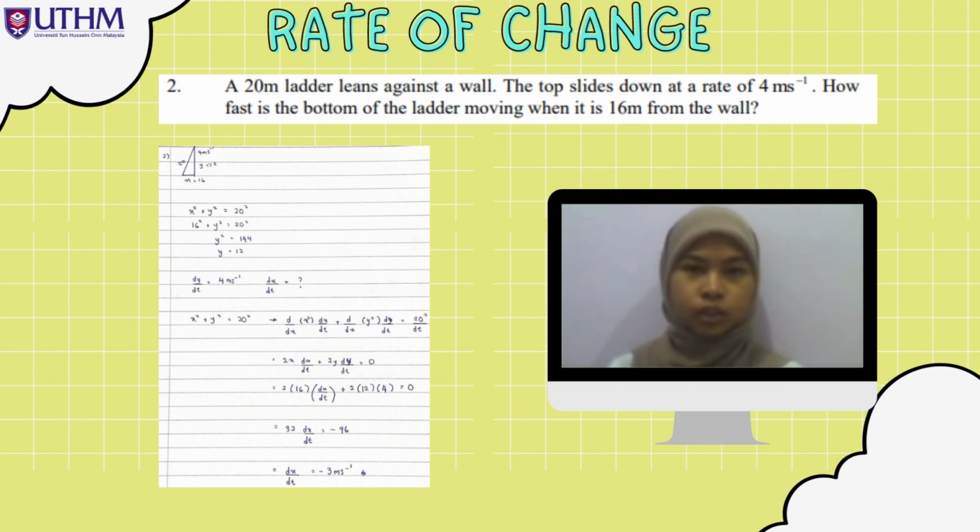Here we substitute x equals 16 and y equals 12. We get 32 dx over dt equals negative 96. We just divide 96 by 32, we get negative 3 over 2 m per minute.